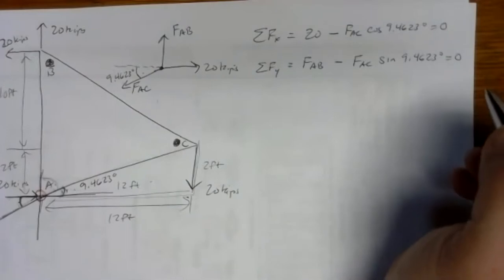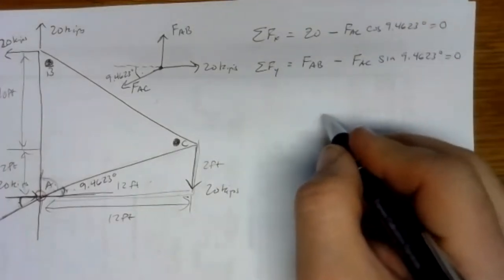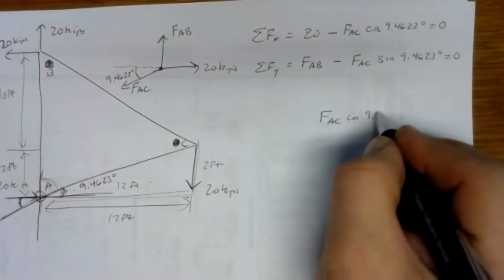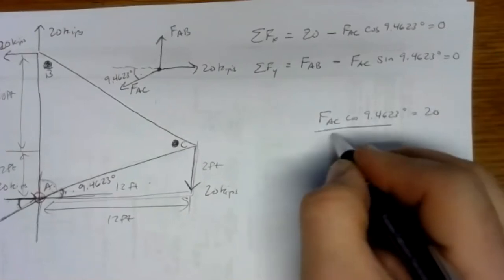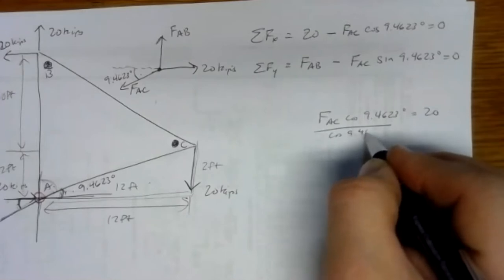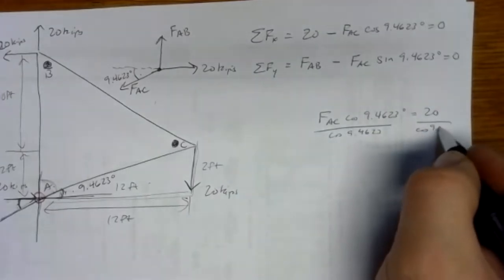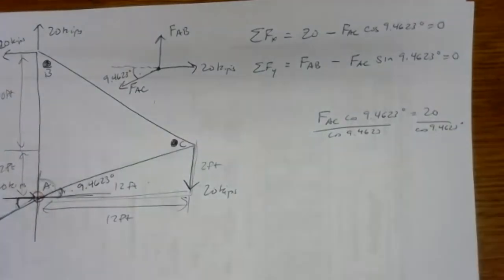If we add FAC cosine of 9.4623 to both sides, maybe I'll come down here and do that. We'll have FAC cosine 9.4623 degrees equals 20. Divide both sides by the cosine. And we've got 20 divided by the cosine of 9.4623.